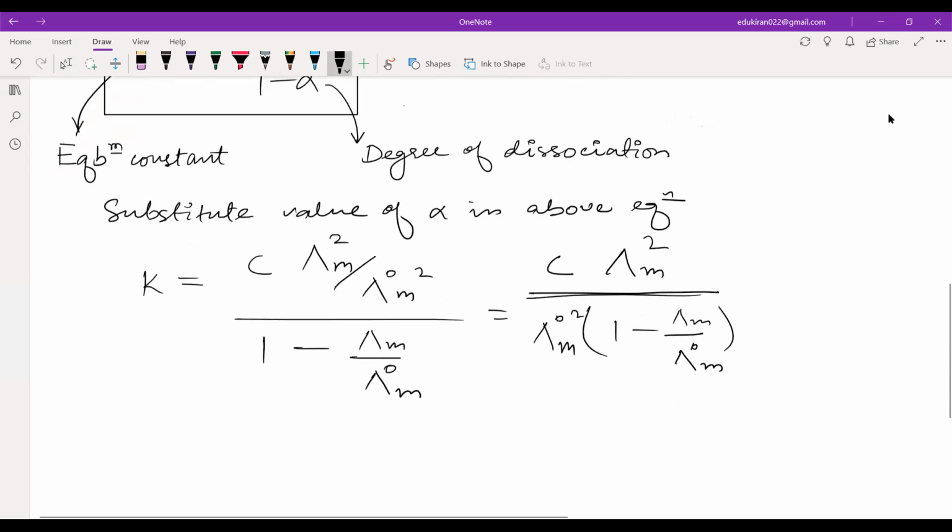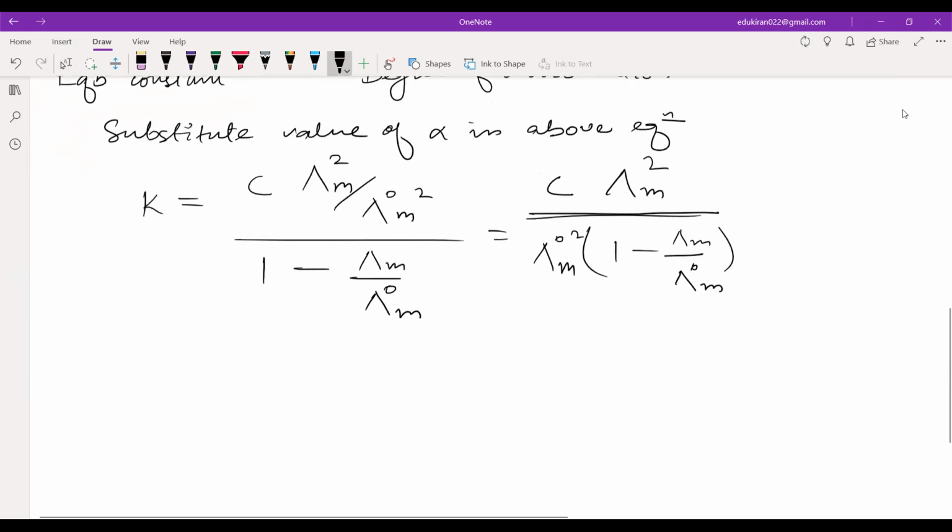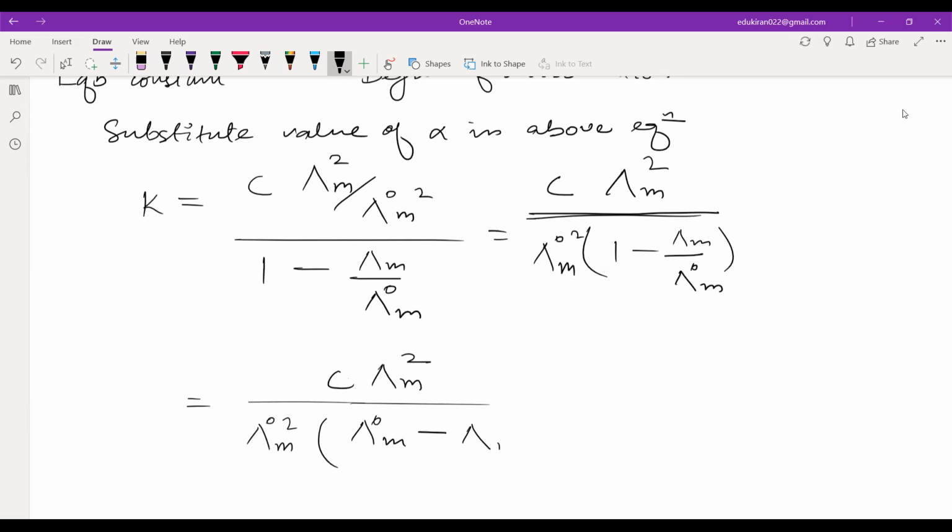Now further we can simplify this. This will be C lambda m square, and here we can solve this as lambda naught m square times lambda naught m minus lambda m. Right? Any doubt till here?